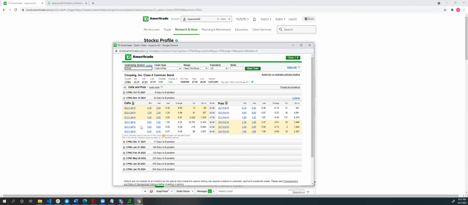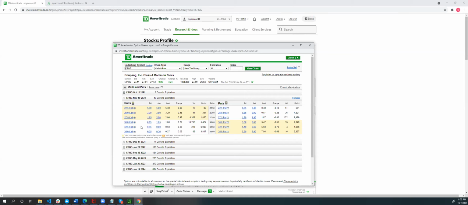It is based on the fact that the value of the option is going to increase if the stock price goes up. So if the stock price stayed below the strike price, or if it stayed at 27.5 till, say, the end of this month, the option price is going to go down to, let's say, 10 cents or 15 cents, because the time factor is a big thing in option pricing.